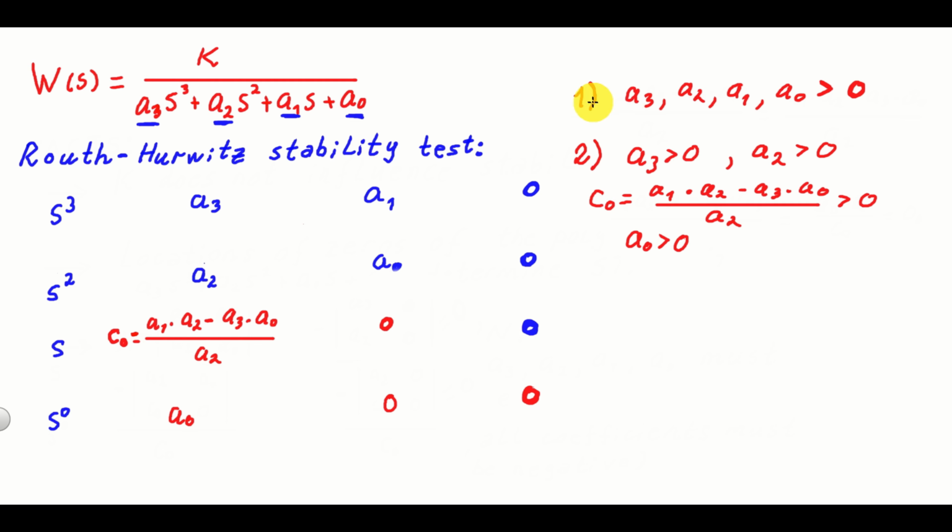Note that if you assume that this is the case, then this is satisfied, this is satisfied, and this is satisfied. Now, the condition for asymptotic stability is that C0 is positive. Since A2 is positive, by this assumption, then we have that the condition for stability, or better to say for asymptotic stability, is this thing.